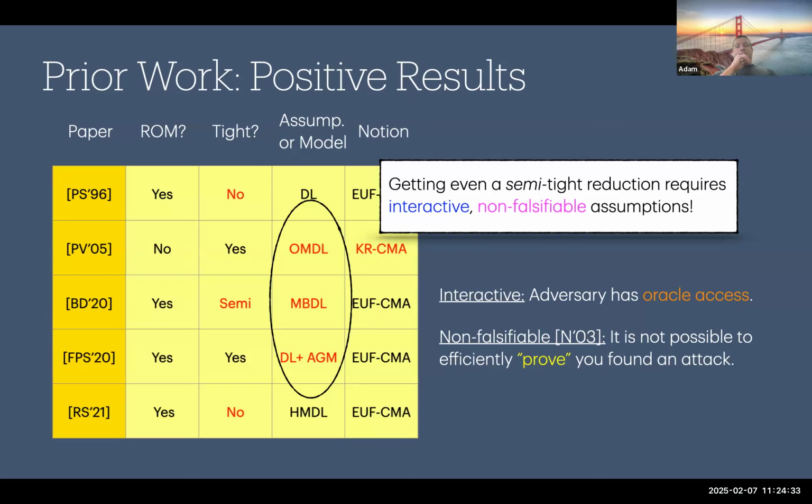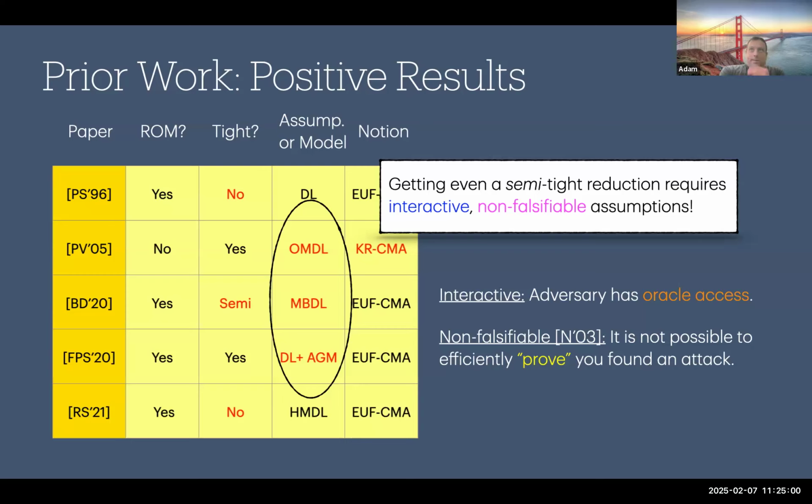The ones that I circled are not falsifiable. In one-more discrete log, the game is not efficient because it has to compute discrete logs for the adversary. So if you claim that you have an attack against one-more discrete log, I can't even run the game to verify that. All of them, yes.